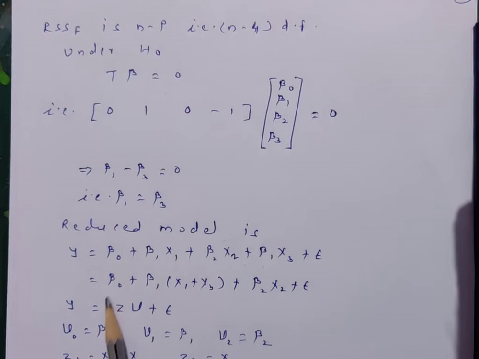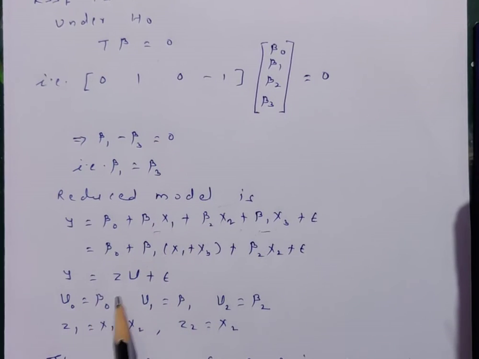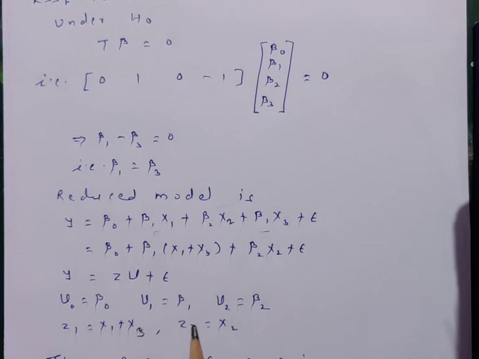From these two terms we can take beta 1 as common: beta naught plus beta 1 times (x1 plus x3) plus beta 2 x2 plus epsilon. We can write this in the form y is equal to z gamma plus epsilon. Over here gamma naught is beta naught, gamma 1 is beta 1, gamma 2 is beta 2, and z1 is x1 plus x3, and z2 is x2.